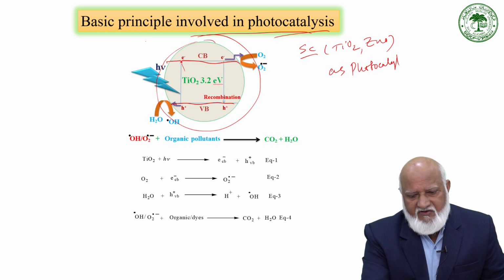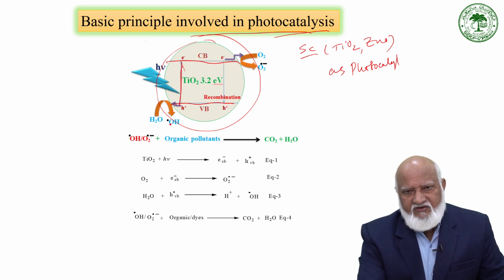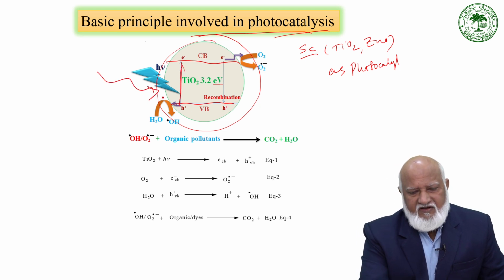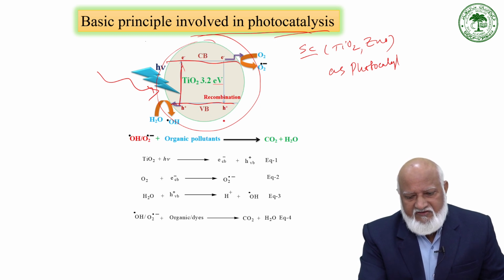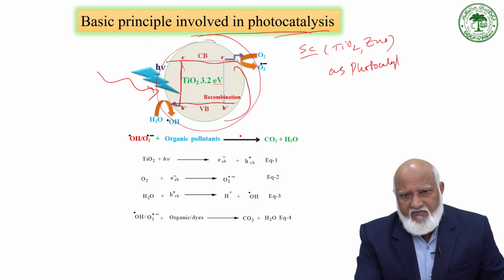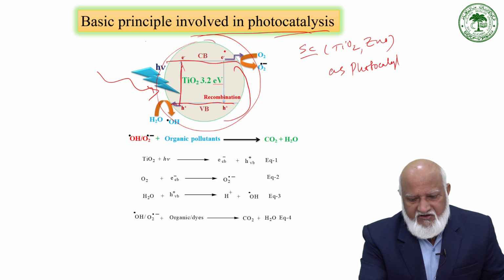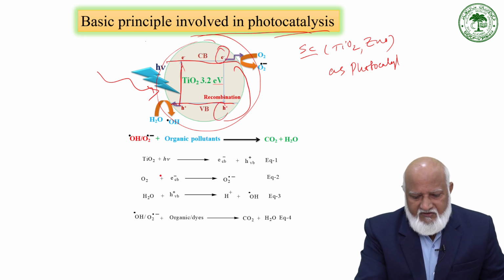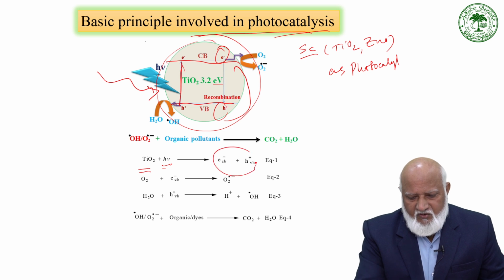There is a band gap energy, called Eg, and if we shine light of energy greater than or equal to this band gap, there is an electronic excitation from the filled valence band to the conduction band, thereby generating an electron and hole pair. So TiO2 in the presence of light can generate an electron hole pair.